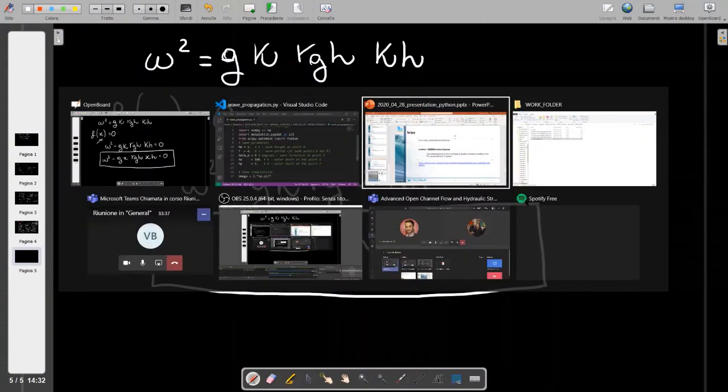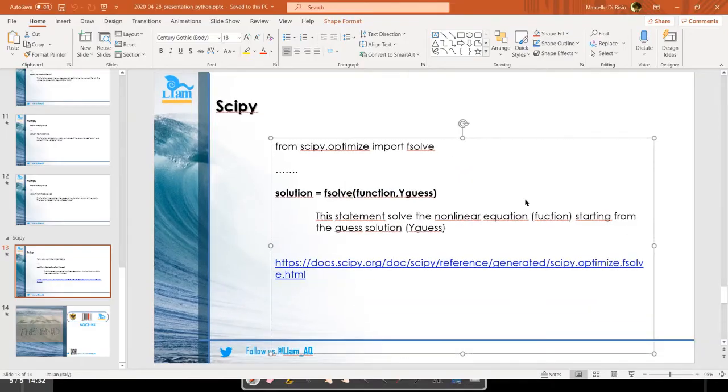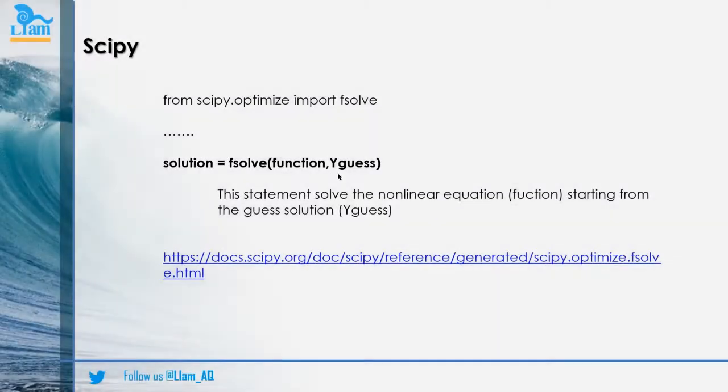If you remember, perhaps you don't remember this one, the function that we use is this one. So we need to use this function of Python, actually of the module SciPy, and we need to define the function that we need to solve and a guess solution.